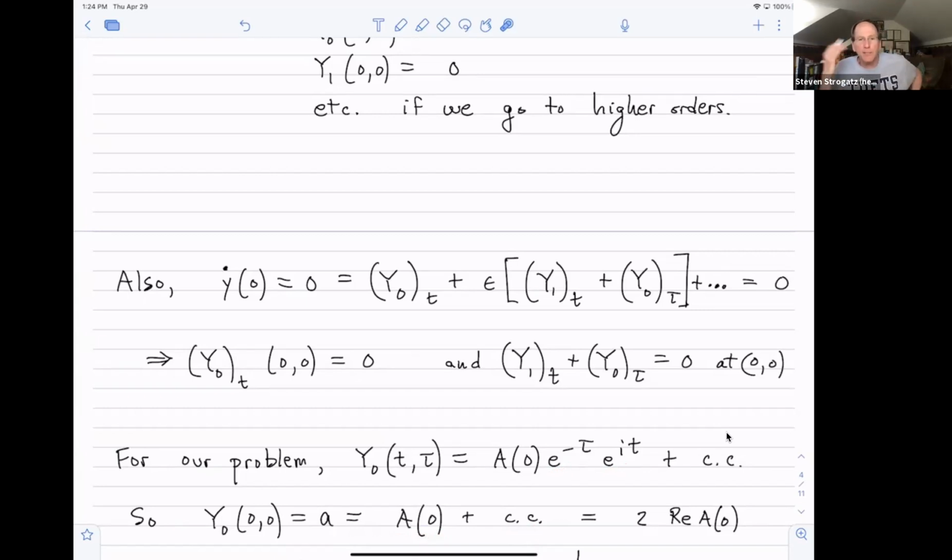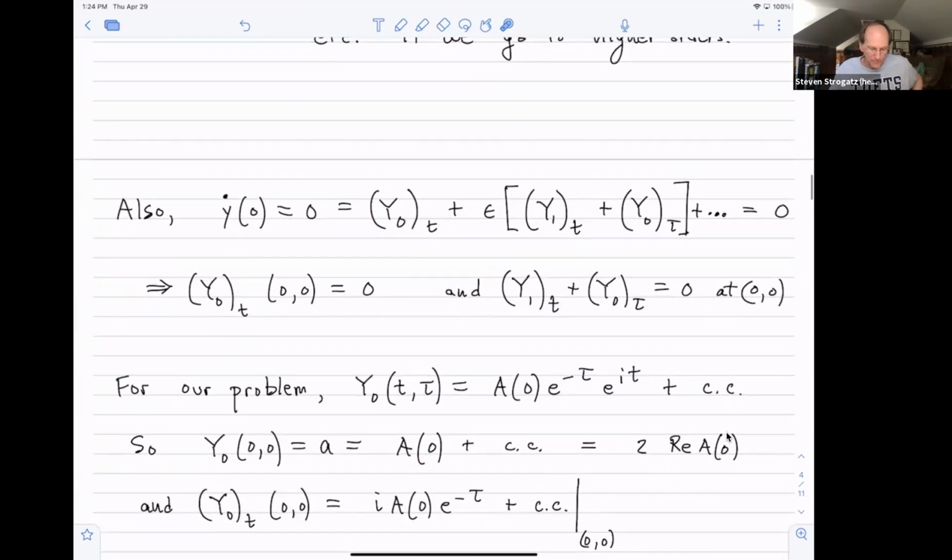Since A is potentially a complex number, you have to work with it in those terms. When you add a complex number plus its complex conjugate, you get 2 times the real part of that number. So we have 2 times the real part of A0.